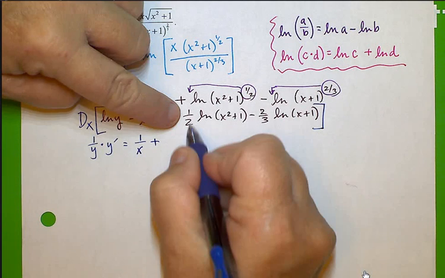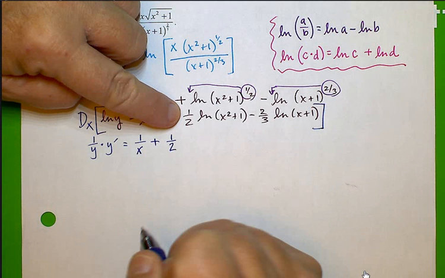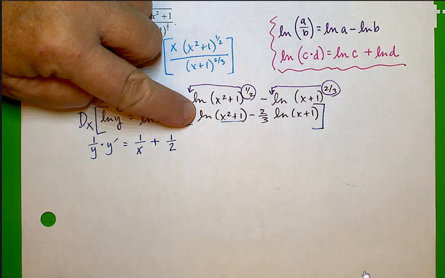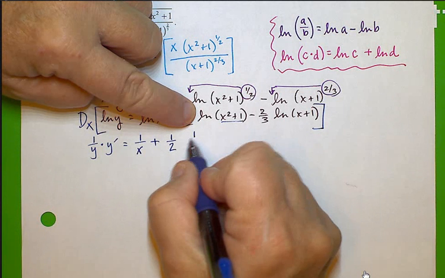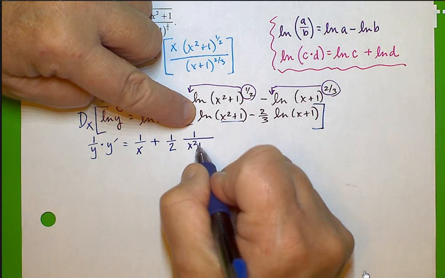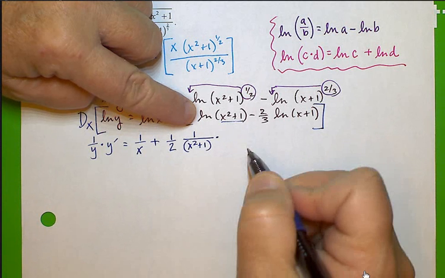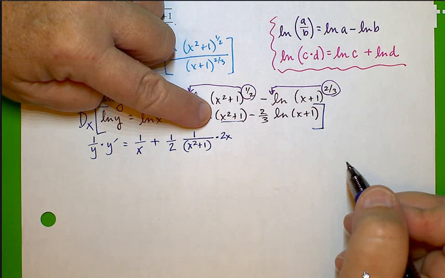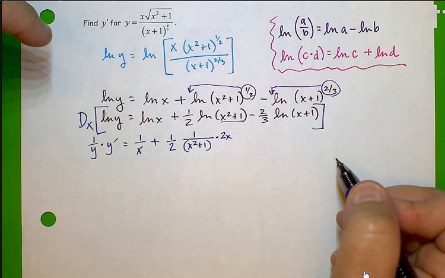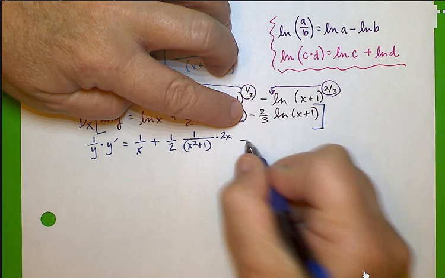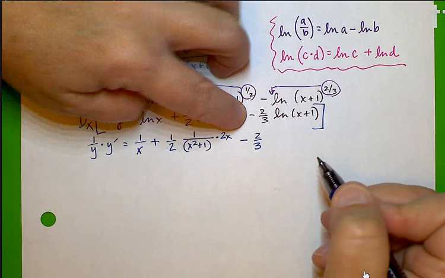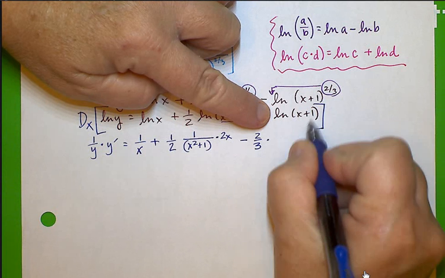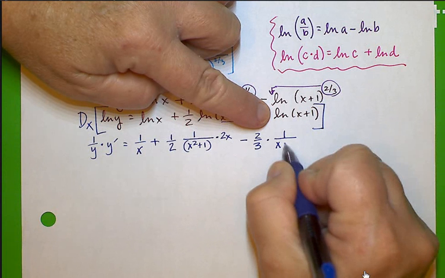So 1/2 times the derivative of natural log of u, 1 over u, so 1 over (x squared plus 1), times the derivative of u, which is 2x. That takes care of that one. Minus 2/3 comes along for the ride. The derivative of natural log of this stuff is 1 over (x plus 1) times the derivative of (x plus 1), which is just 1.